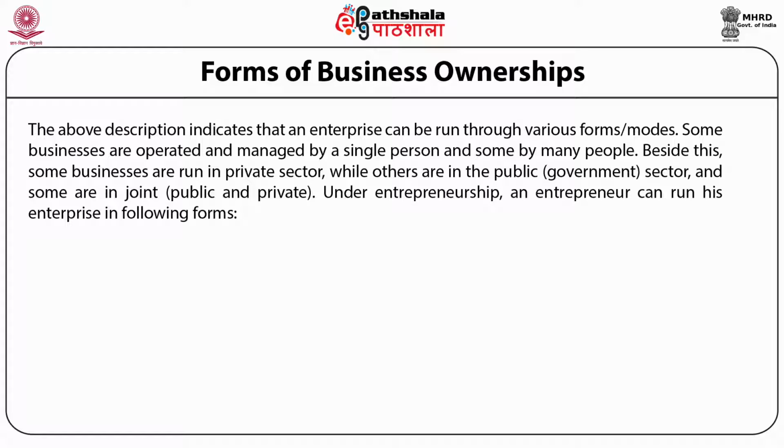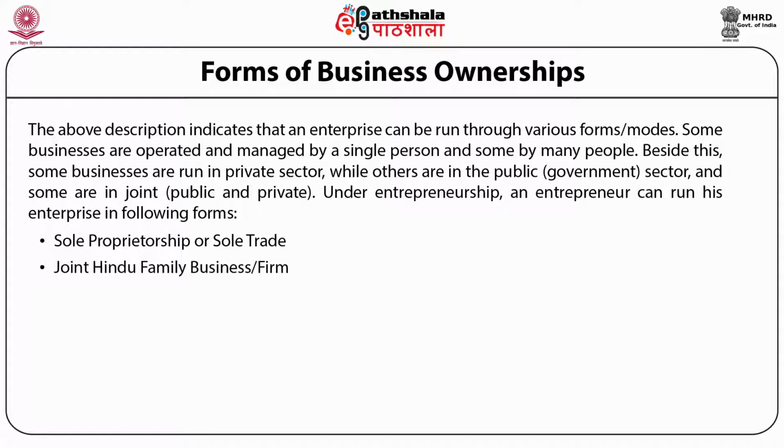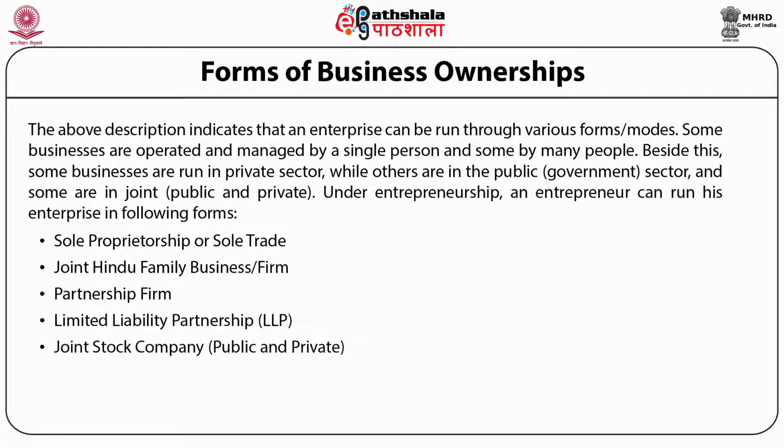Under entrepreneurship, an entrepreneur can run his enterprise in the following forms. These are sole proprietorship or sole trade, joint Hindu family business, partnership firm, limited liability partnership, joint stock company, one-person company, and cooperative society.